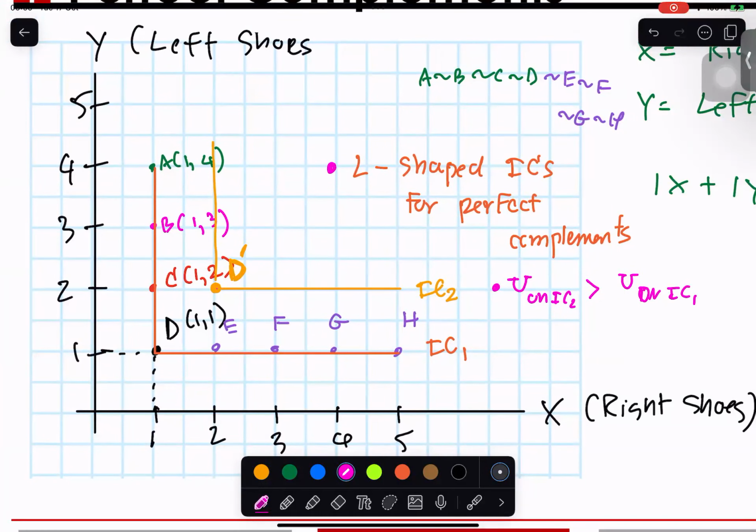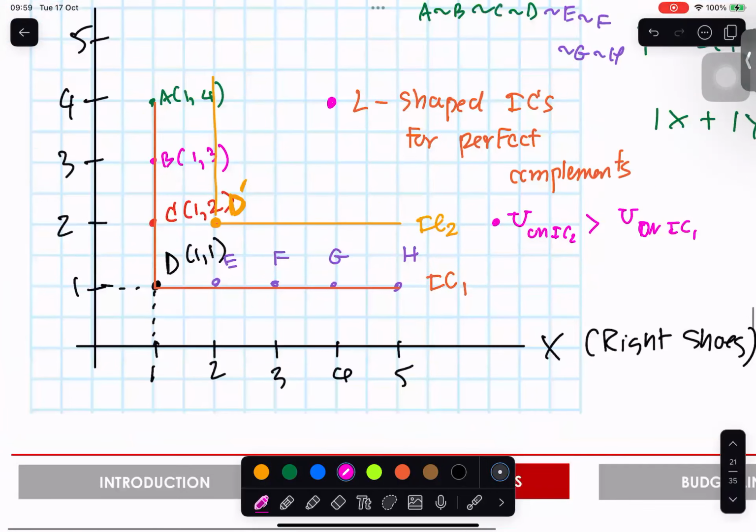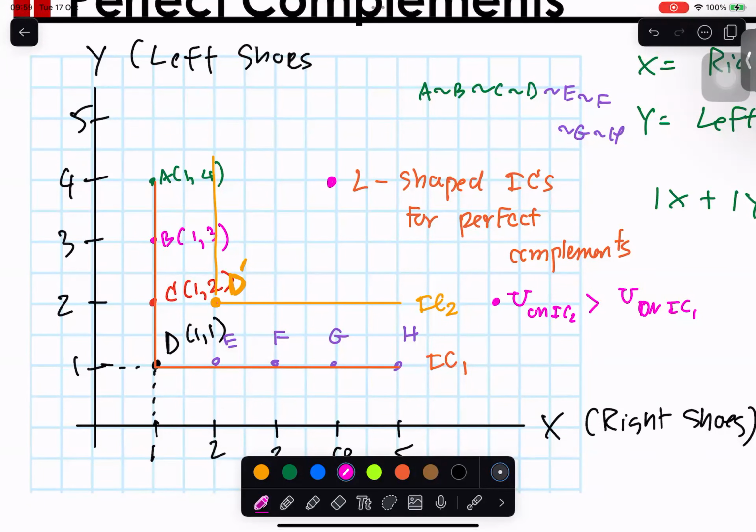That's a preference curve when the two products are regarded as perfect complements. Finish. Any question?